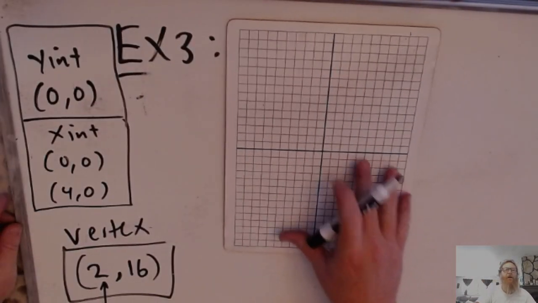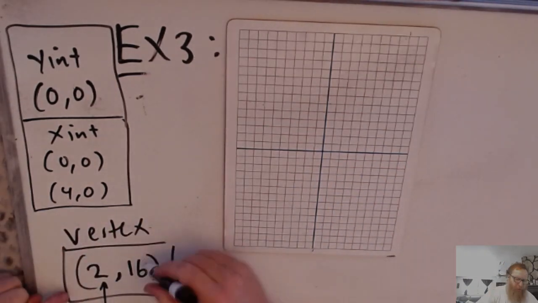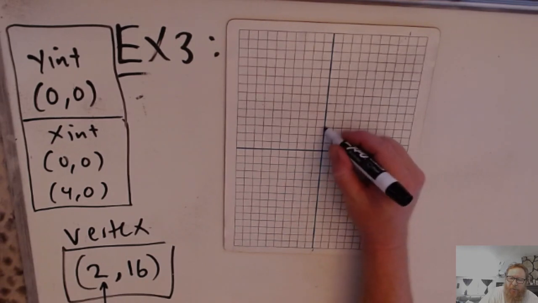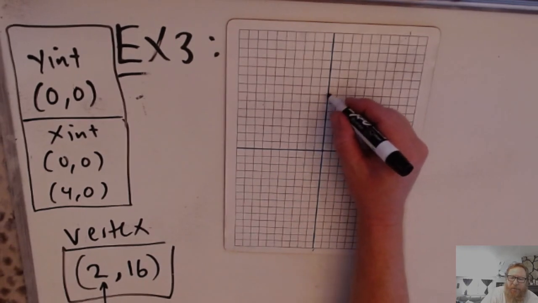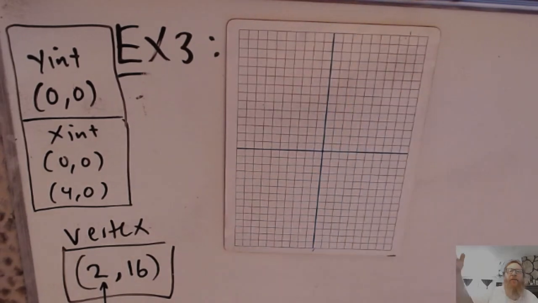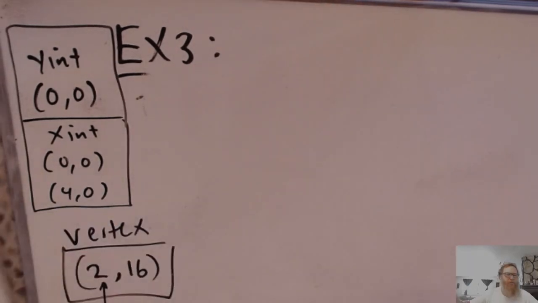We have our y-intercept. Now, when you do this on your computer, you must plot the vertex first. So 2 and 1, 2, 3, 4, 5, 6, 7, 8, 9, 10, 12, 13, 14. Oh, no, I can't get to 16. I guess I'm not using the graph board.